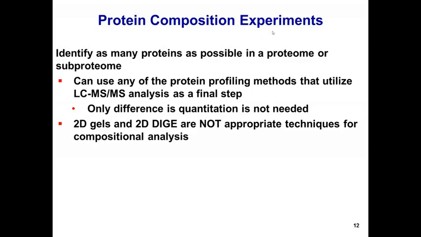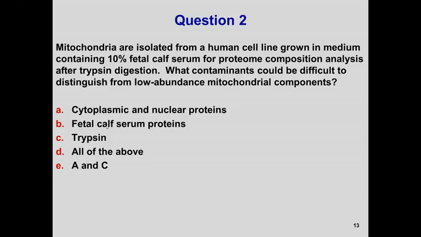And if I separate a proteome on a standard format two-dimensional gel, I might generate 1,500 to 2,000 spots. Cutting out 1,500 to 2,000 spots, digesting them and analyzing them is an extremely low throughput approach. And therefore, I would never do a compositional analysis with 2D gels.